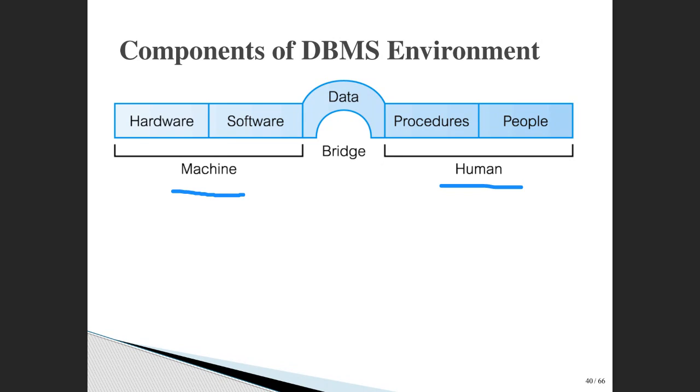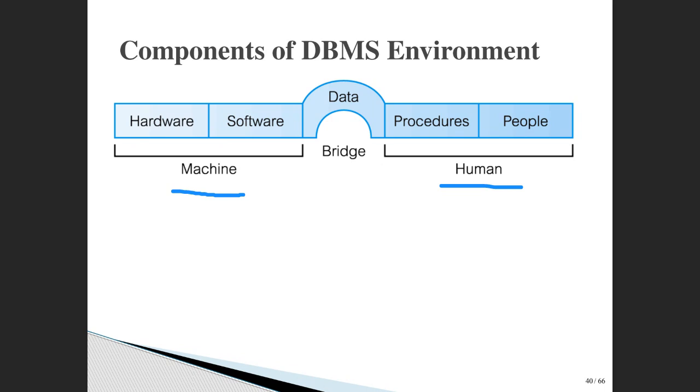For example, the front end, the PCs used by the users, the network devices, or the back end, which is the servers used to store the database, and so on. Any physical device can be counted as hardware, as a component of the database management system.